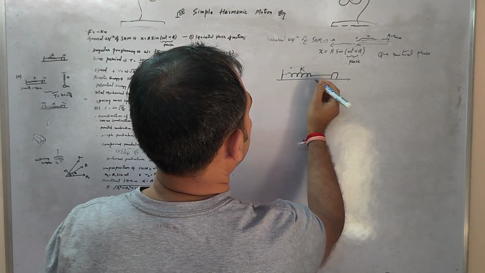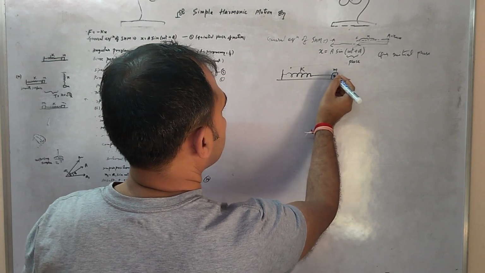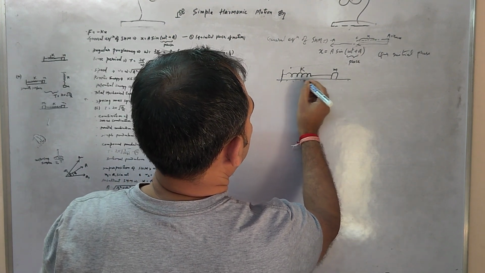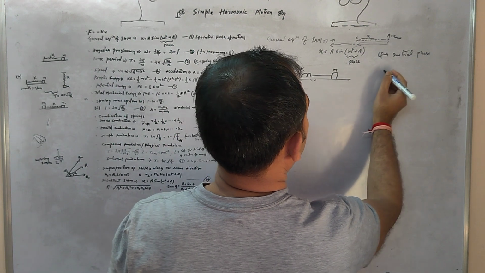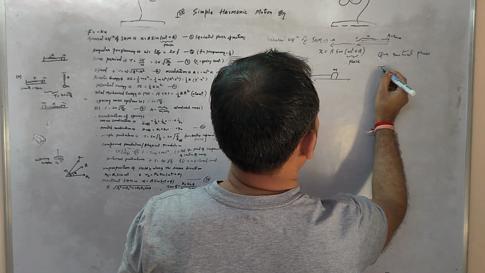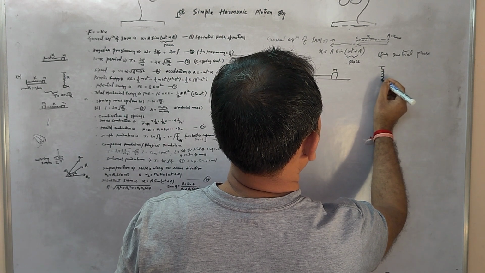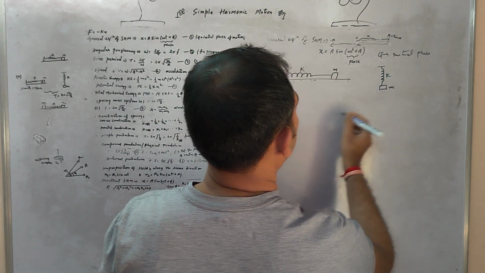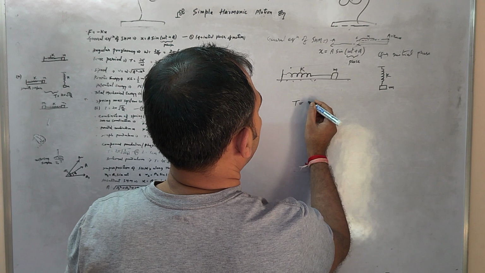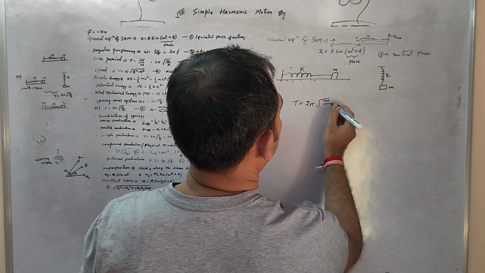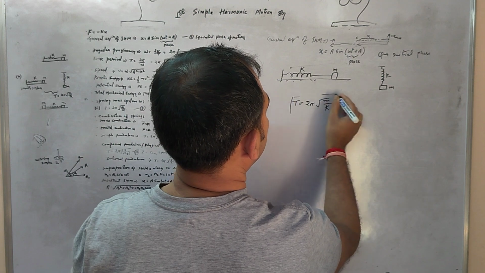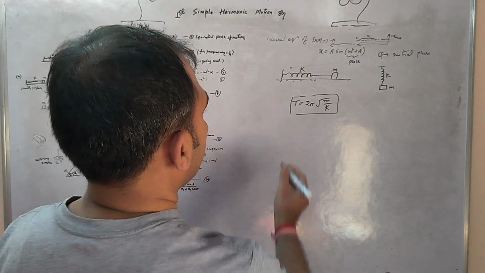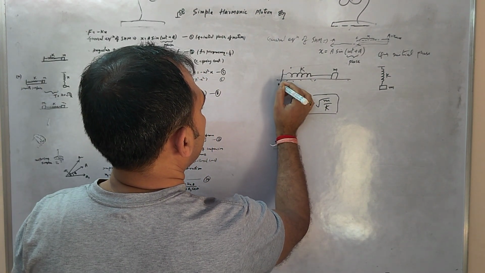If k is the spring constant, m is the mass of this body, and this is a smooth surface, then the time period for this will be 2 pi root m by k. Remember this formula, where k is the spring constant and m is the mass of the body. Here this is a frictionless smooth surface.